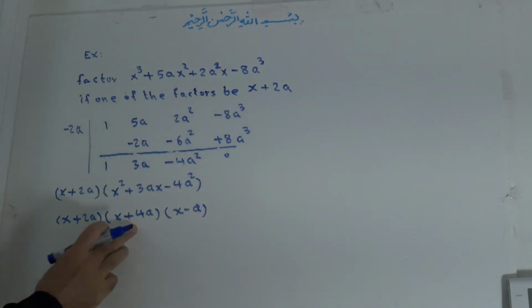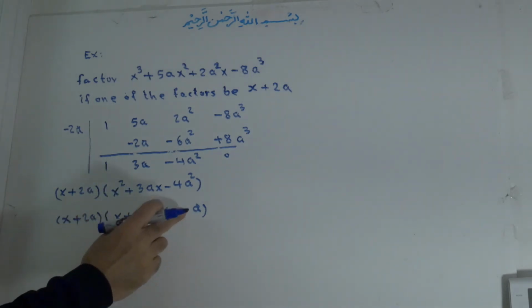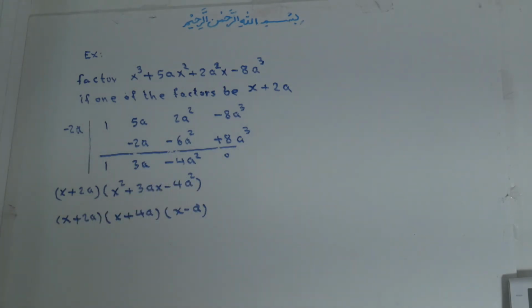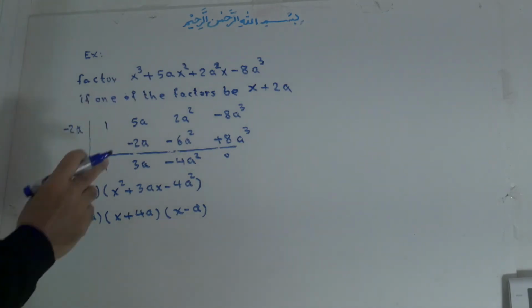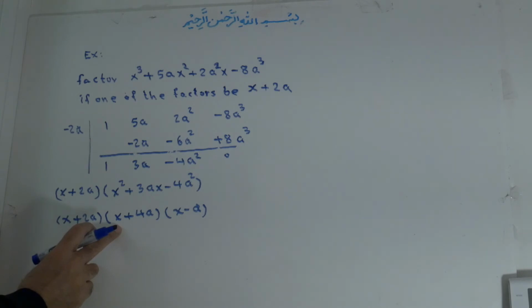Positive 4 and negative 1 is positive 3, and positive times negative is negative: 4a times 1a is 4a to the power of 2. So the factoring of this one gives three factors: x plus 2a, x plus 4a, and x minus a.